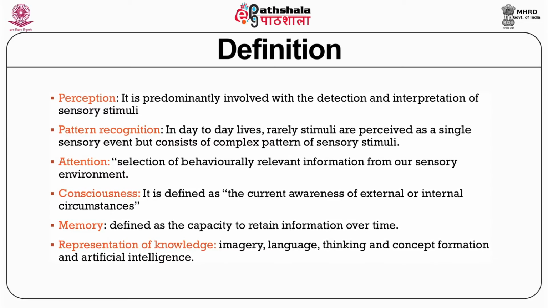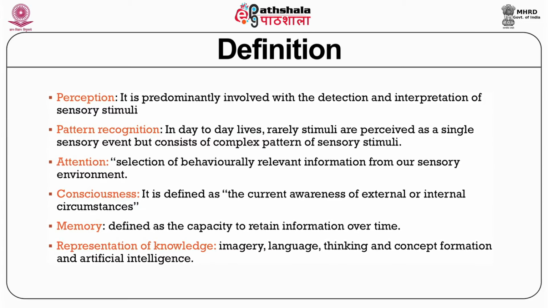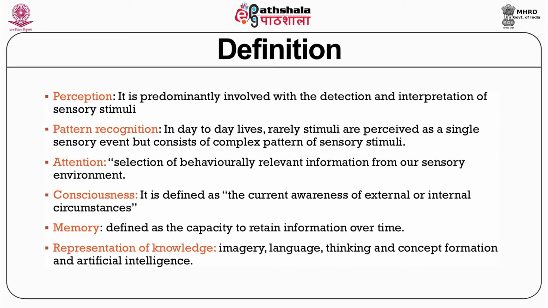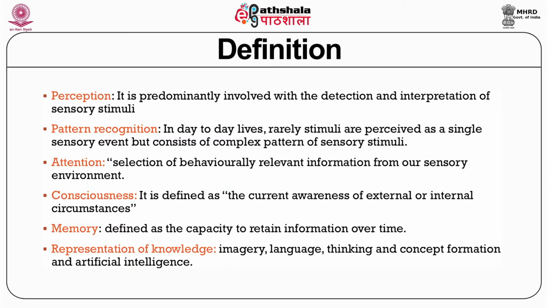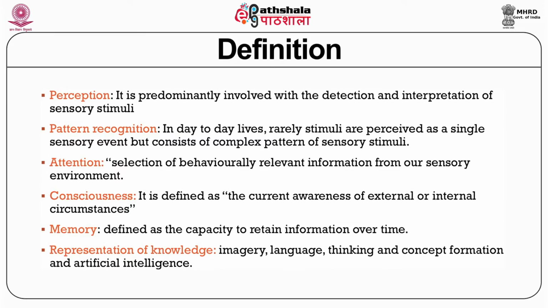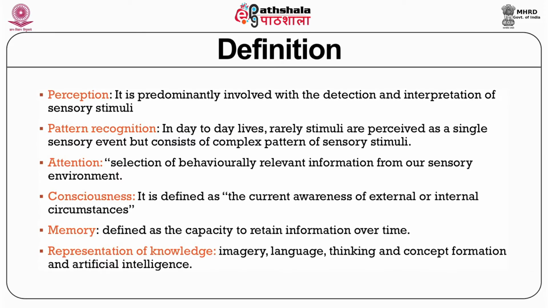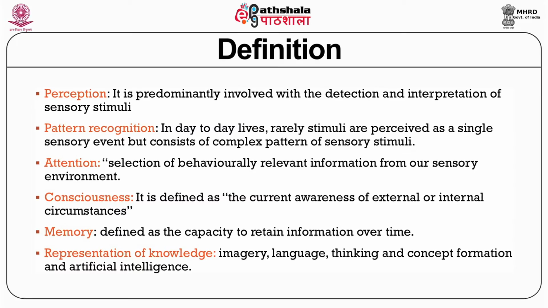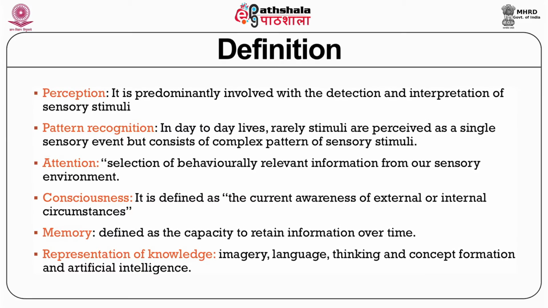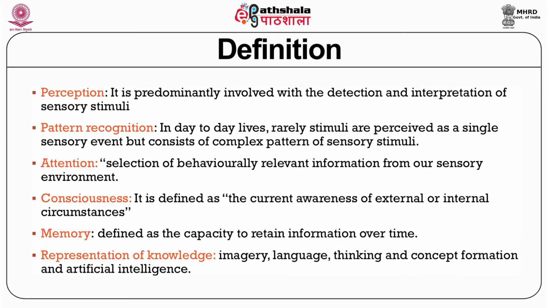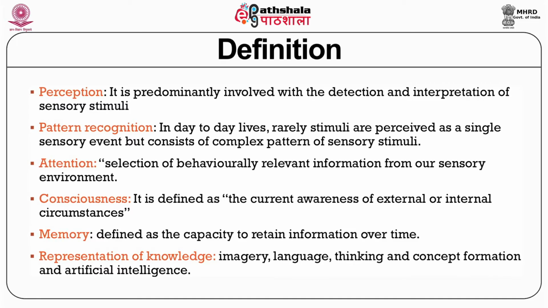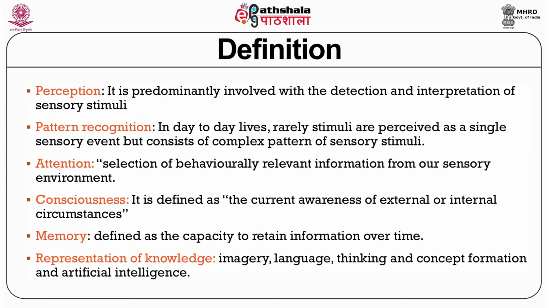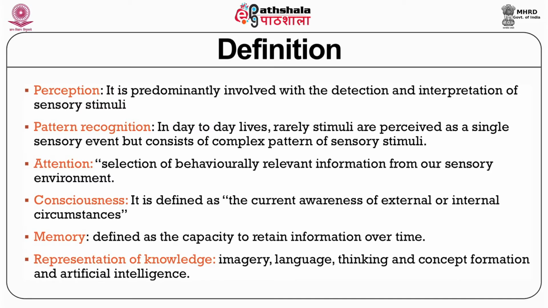Then consciousness, which is defined as the current awareness of the external or internal circumstances. Then memory, which is defined as the capacity to retain information over time. Then there is the representation of knowledge, which is imagery, language, thinking and concept formation. In fact, recently artificial intelligence also forms a part of representation.